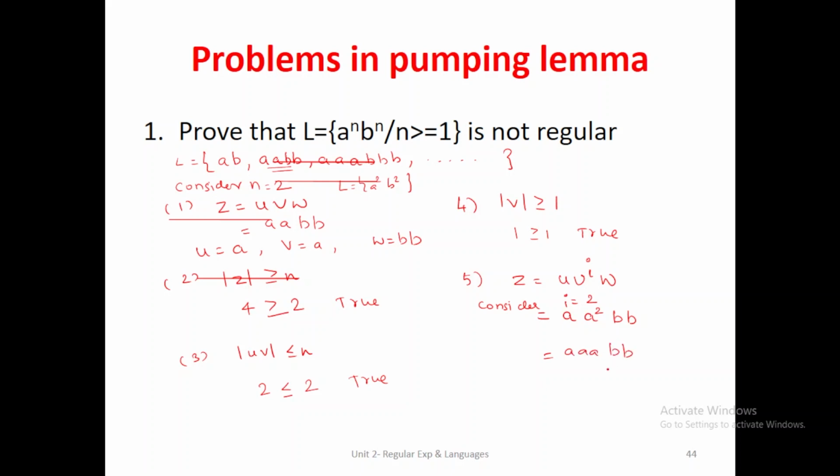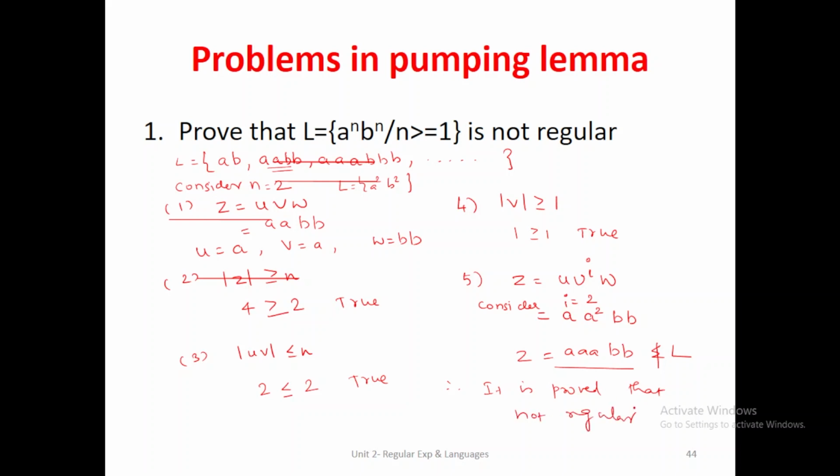Triple a, double b. So for this string aaabb, check whether it is available in the given L. No, it is not available. This L contains only an equal number of a's and b's, but I have retrieved aaabb, which is not satisfied in L. Therefore, it is proved that L is not regular.